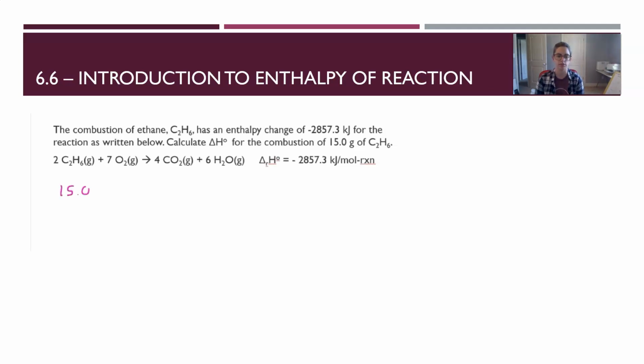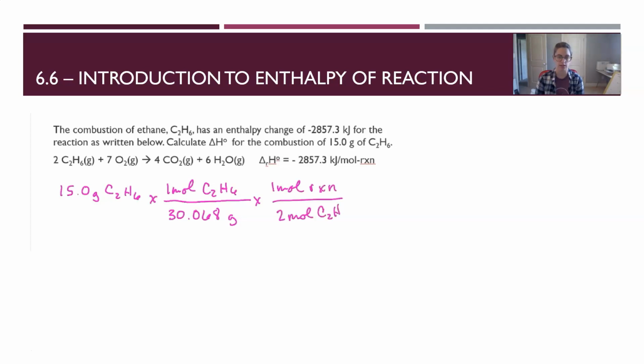So I'm going to start by converting my 15 grams of C2H6 into moles. I'm going to use the molar mass, and 1 mole of C2H6 has a mass of 30.068 grams. And then in this case, there's 2 moles of C2H6 for 1 mole of the reaction.